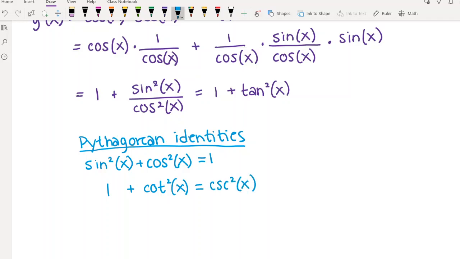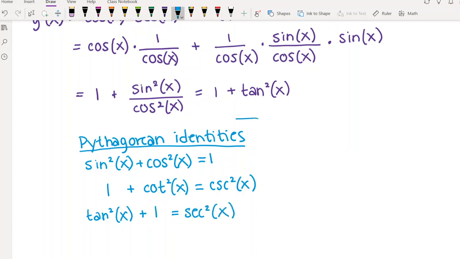So that's the second Pythagorean identity. And then if we go back to the first one and divide everything instead by cosine squared, we get tangent squared of x plus 1 is equal to 1 divided by cosine squared, which is secant squared.